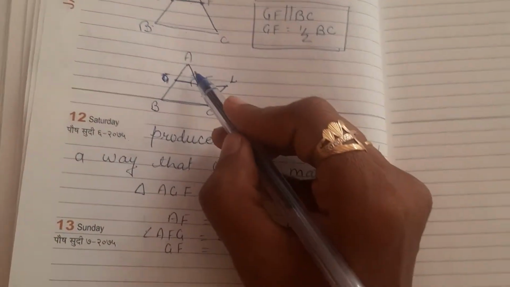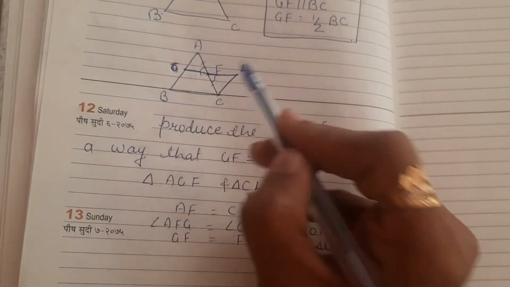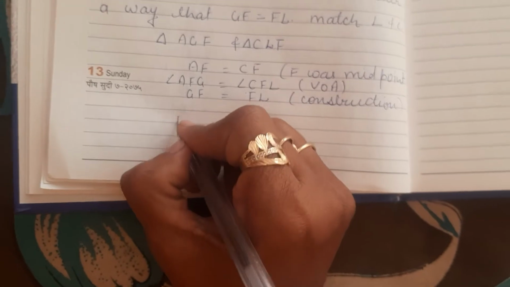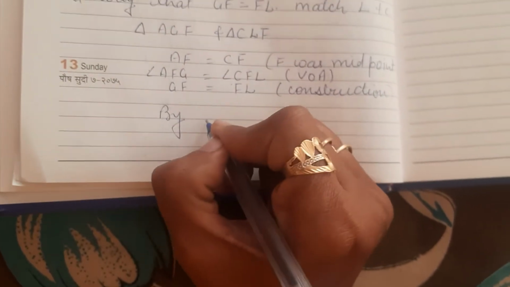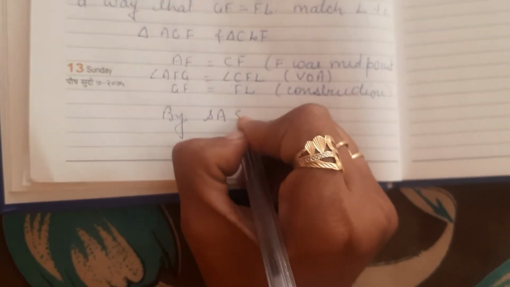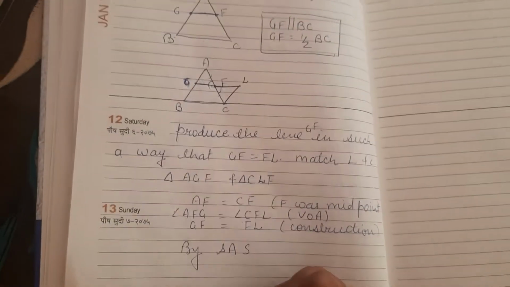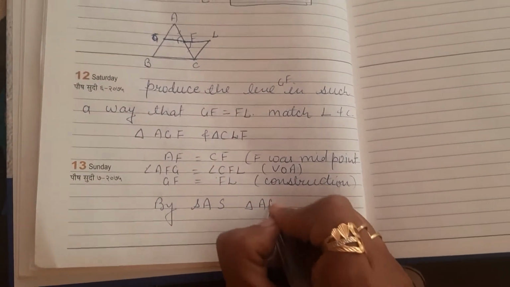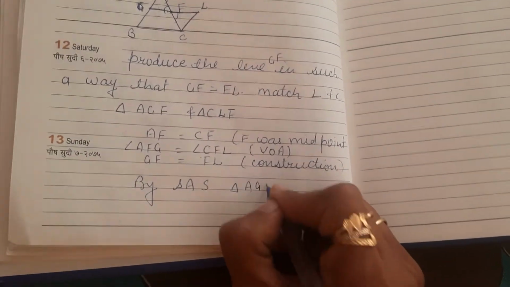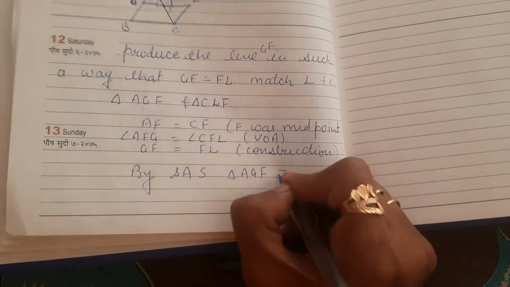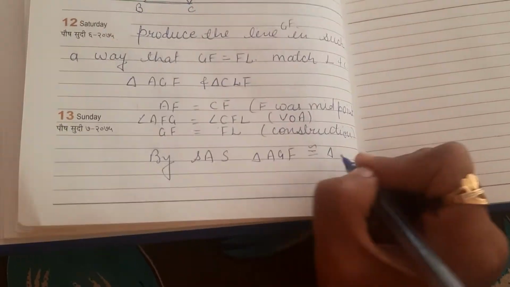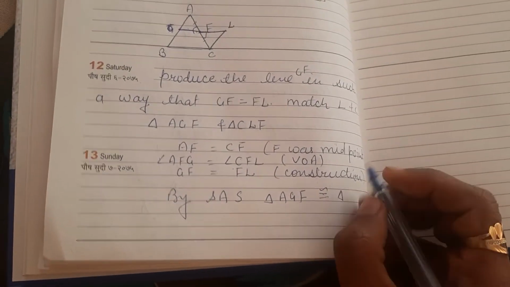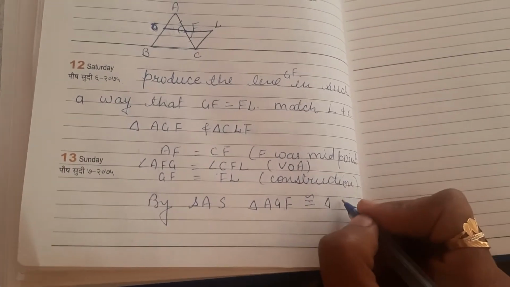So by the side angle side congruency rule, triangle AGF is congruent to triangle CLF.